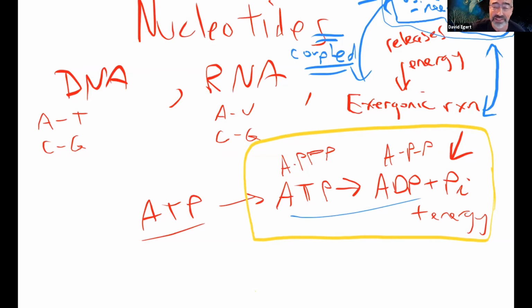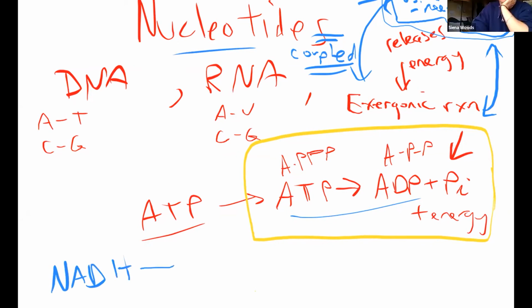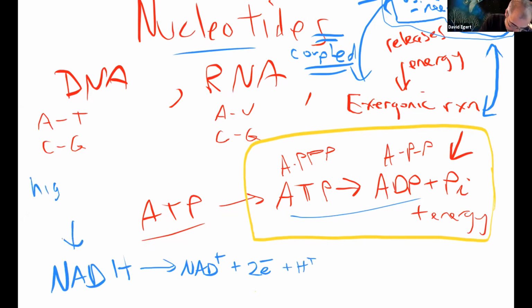So I don't know if that's helpful. Again, the other nucleotide thing I talked about, like NADH, which is NAD plus 2 electrons plus H plus. This is again my high energy electron carrier.